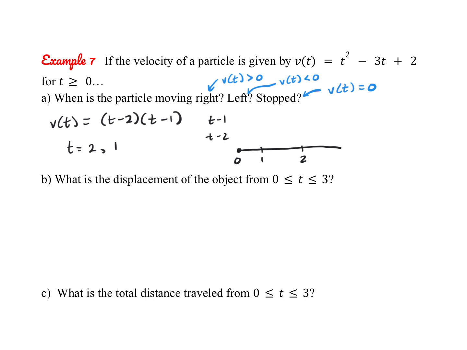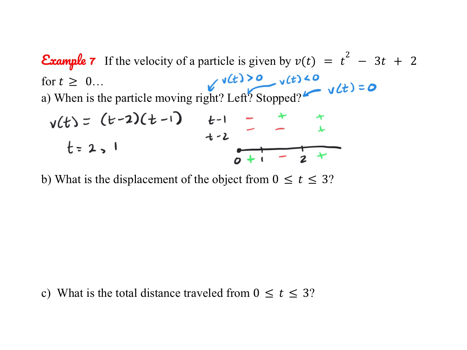Between 0 and 1, both of our factors are going to be negative, resulting in a positive here. Between 1 and 2, this will be positive, but this will be negative, resulting in a negative. And anything to the right of 2, both will be positive, resulting in a positive.